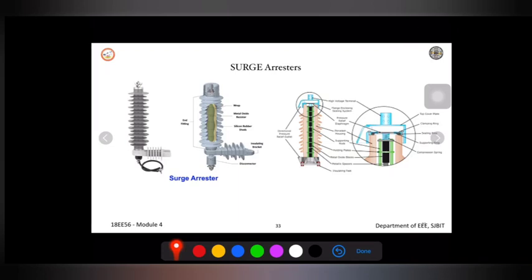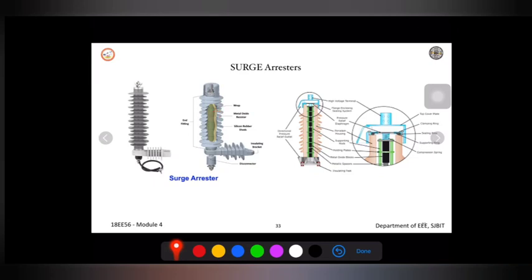This is how the inside part will be connected, where we will have end fittings, where the transmission line will be connected. You can see the metal oxide layers inside that surge arrestor, which we can see in the next slide with the help of a diagram very clearly. So this is how it will be present within a surge arrestor.